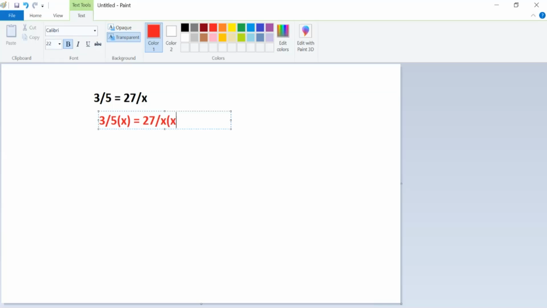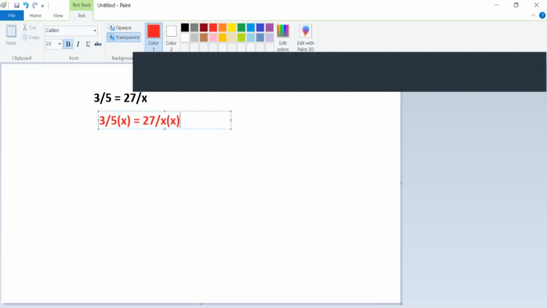But first, I just want to show you. All I've done in this little formula is take this and multiply x on both sides. This x and this x cross out because one's on the bottom and one's on top. So now on the left-hand side I've got 3 over 5 times x, which is equal to 27.